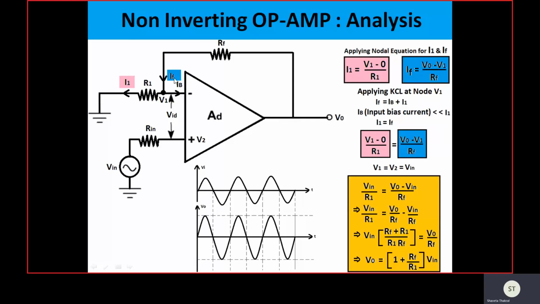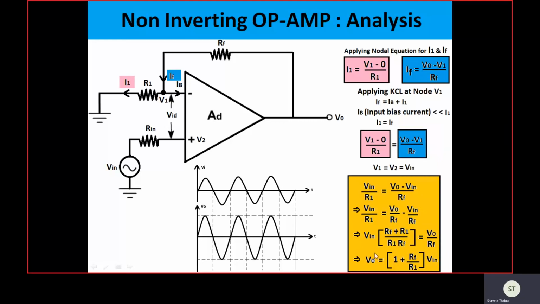And for IF, we write it as V0 minus V1 divided by RF. As per the golden rules again, V1 is equal to V2. As V2 is equal to the input voltage, obviously V1 is equal to Vin. So putting V1 as Vin, we get Vin divided by R1 is equal to V0 minus Vin divided by RF.